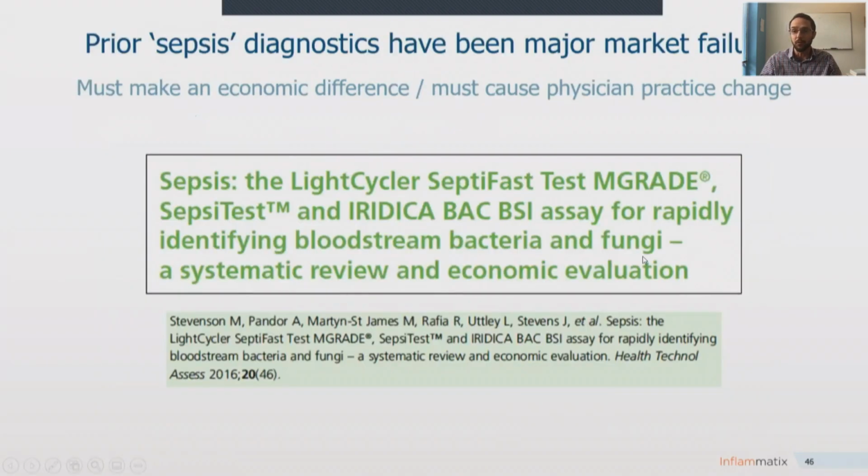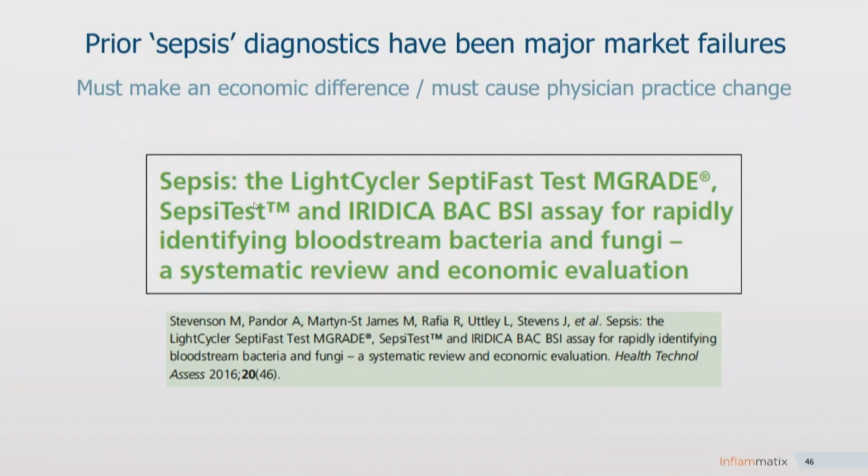And then finally, even if you do build a successful test, meaning that it's technically a success, it has high sensitivity, high specificity, it can still be a market failure. One of my favorite papers came out of the NICE assessment. This is a UK NHS assessment of the Iridica and LightCycler SeptiFast tests brought to market by Abbott and Roche. Ultimately, both tests were direct-from-blood bacteremia detection systems.